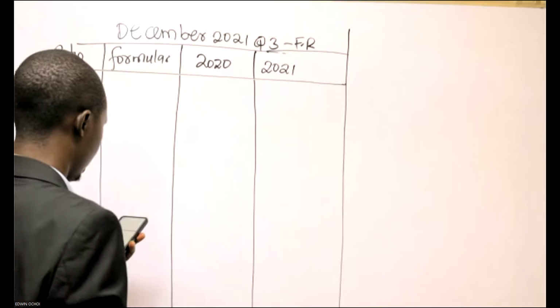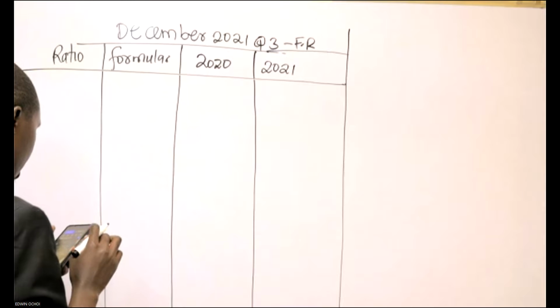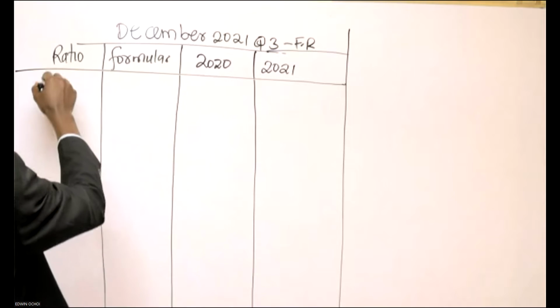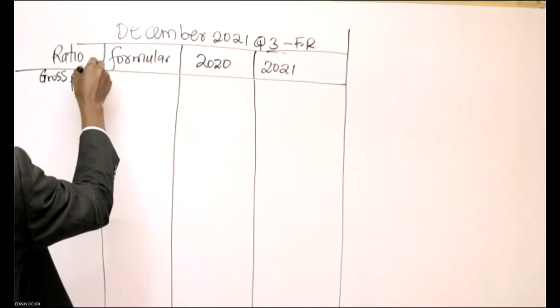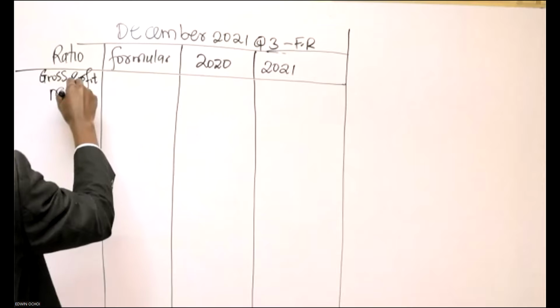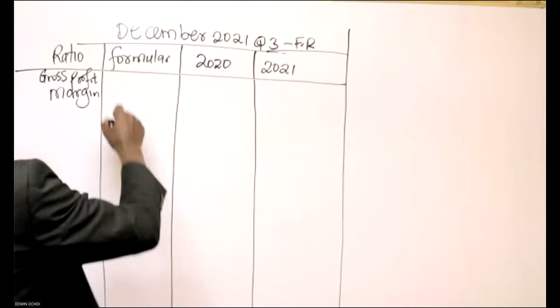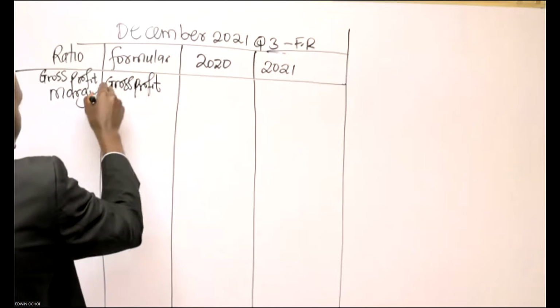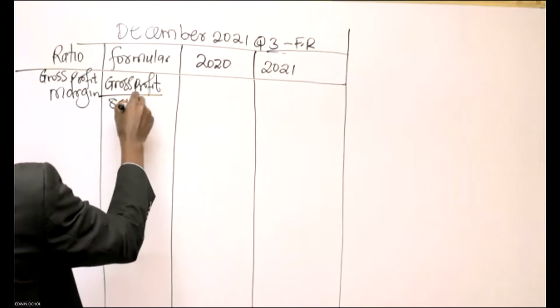The first one is gross profit margin. You know the formula, which is gross profit over sales, times 100%.